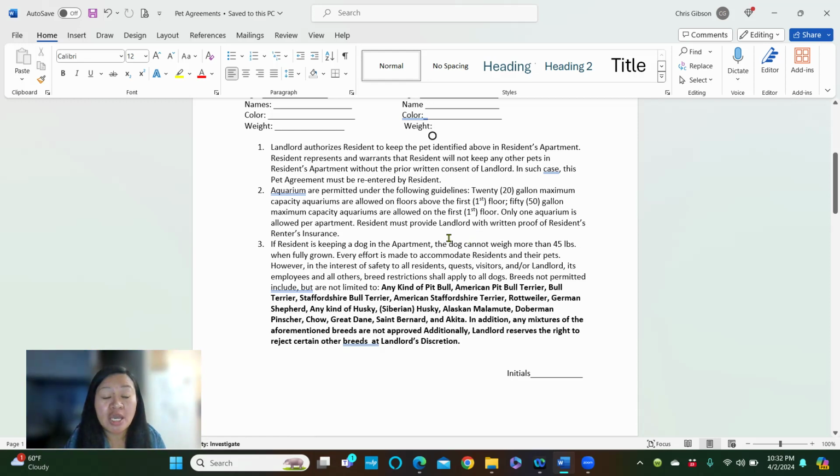In our rental property, we require our tenants to get renter insurance.